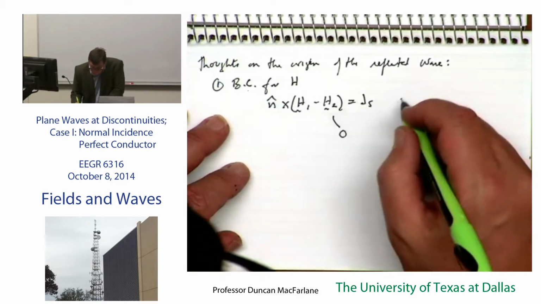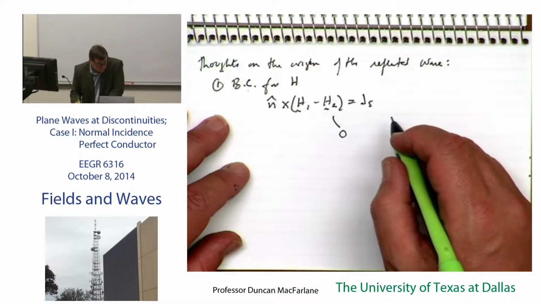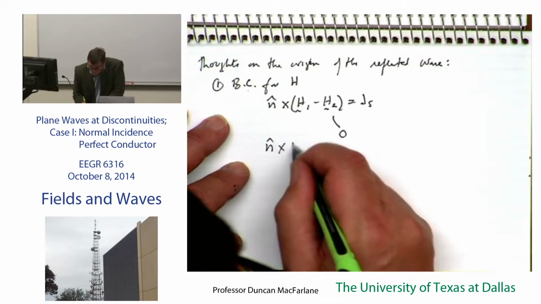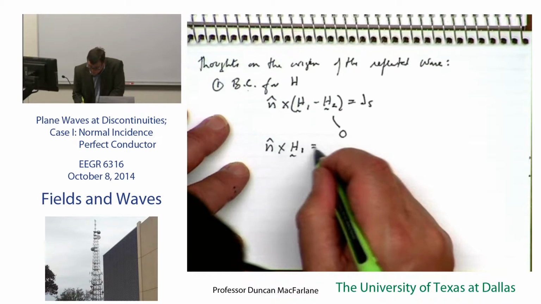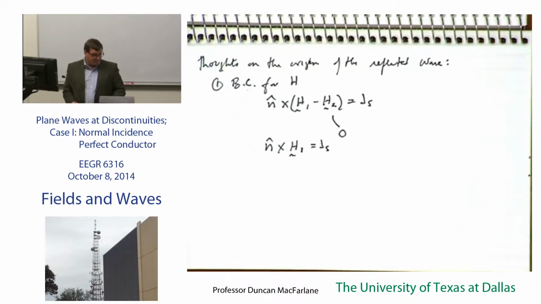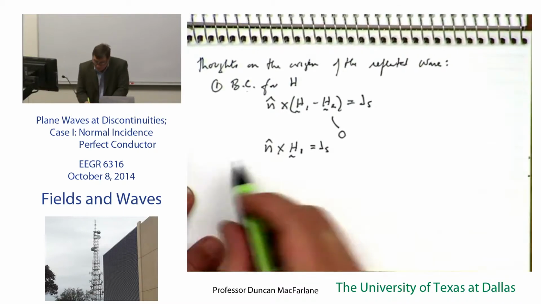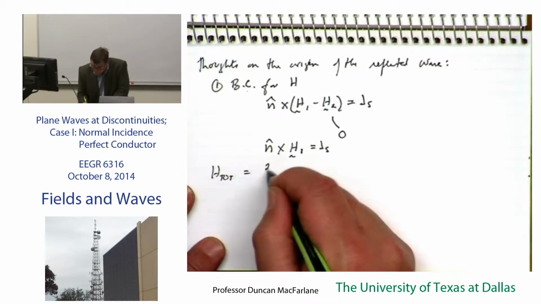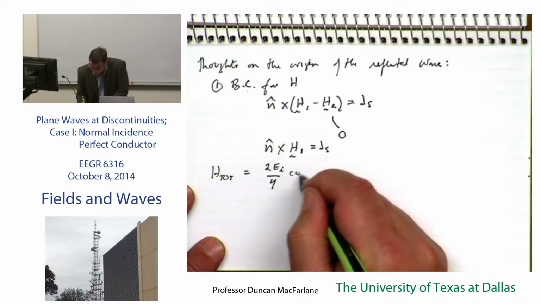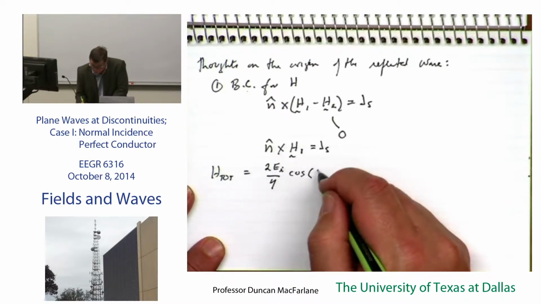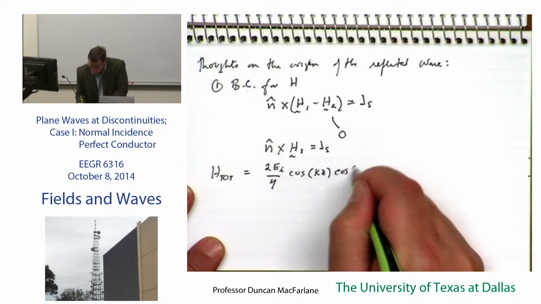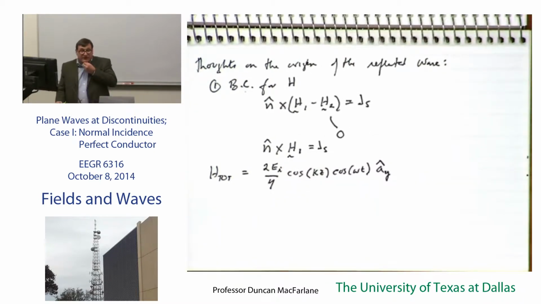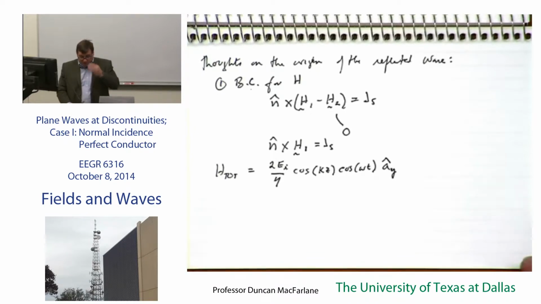And so N crossed with H1 must equal J sub S. So H total, I'll put the E in the X direction, and I'll put the H in the Y direction.